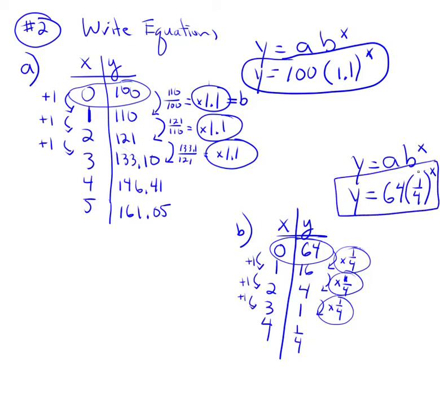Now, I do know that this is a decay. So if the second part of this question was, what is the percentage rate of decay? I know it's a decay, and I want the percentage rate. So I need to change my thinking now to that 1 minus, because we want that 100% minus your percentage.